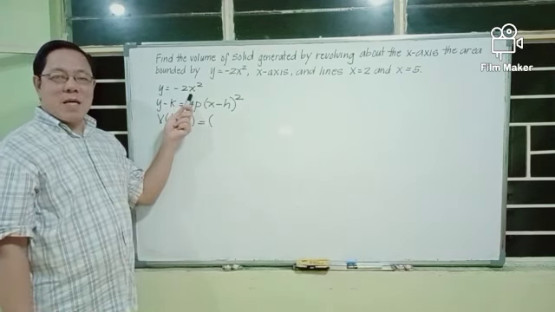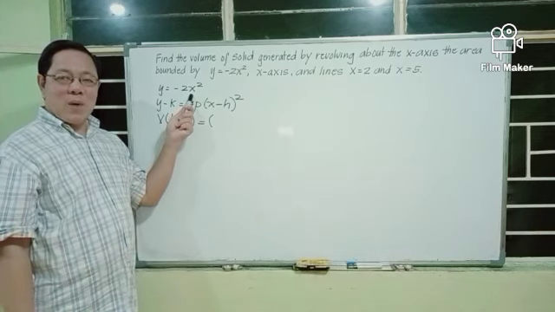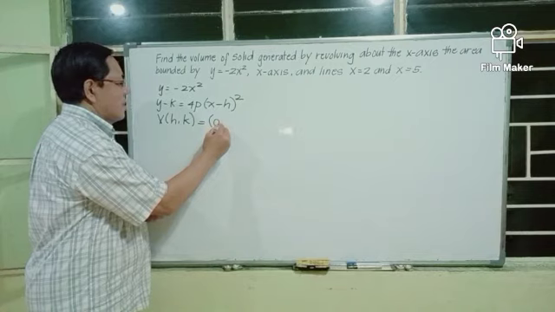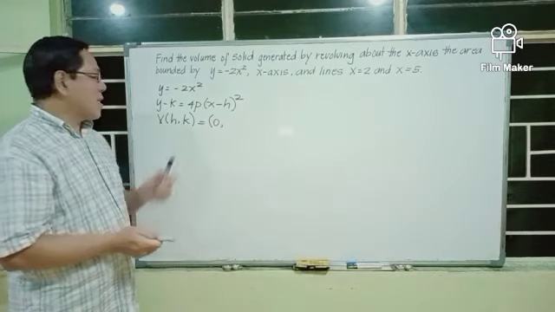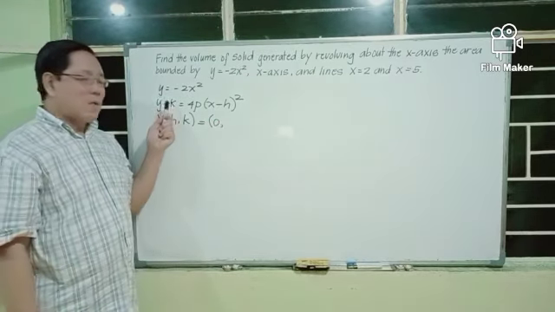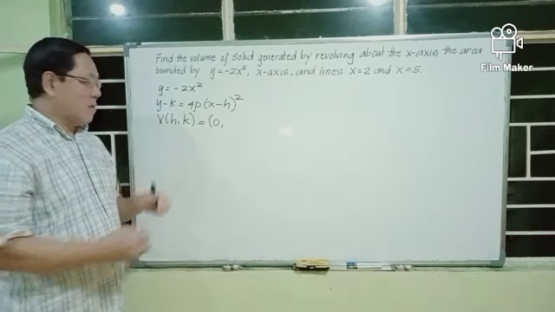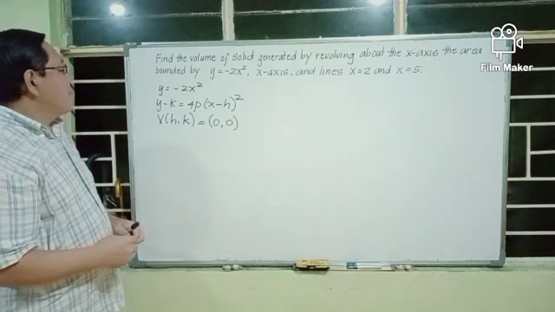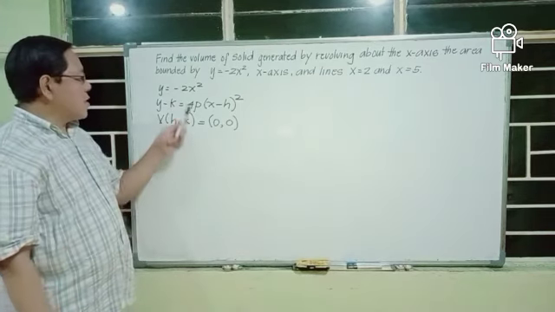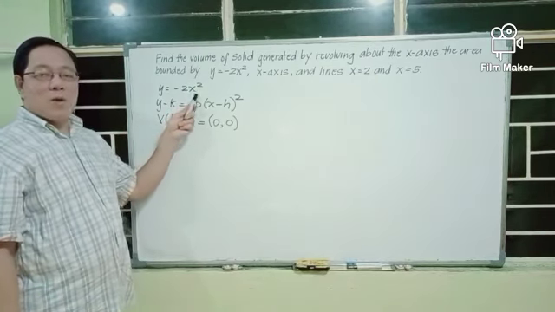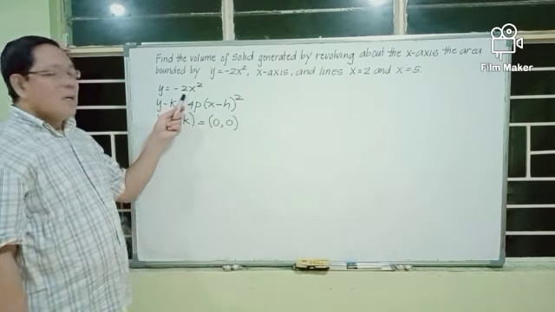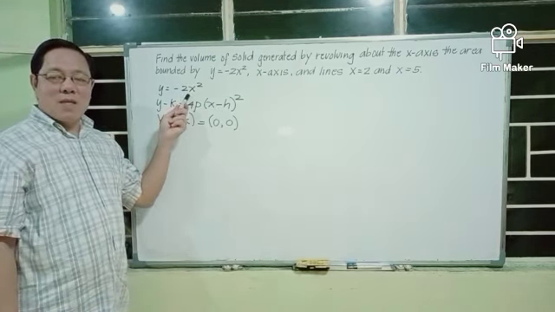x squared can be written as x minus 0 squared, therefore h is 0. And y can be written as y minus 0, therefore k equals 0. And the coefficient of x squared, or the coefficient of (x minus h) to the power 2, which is 4p, in our given example is negative 2.